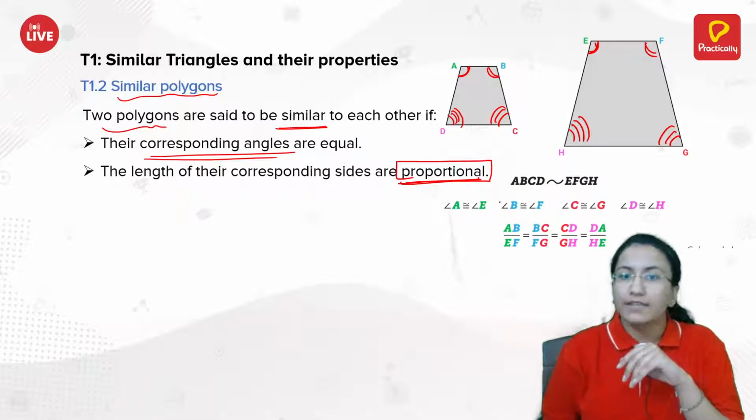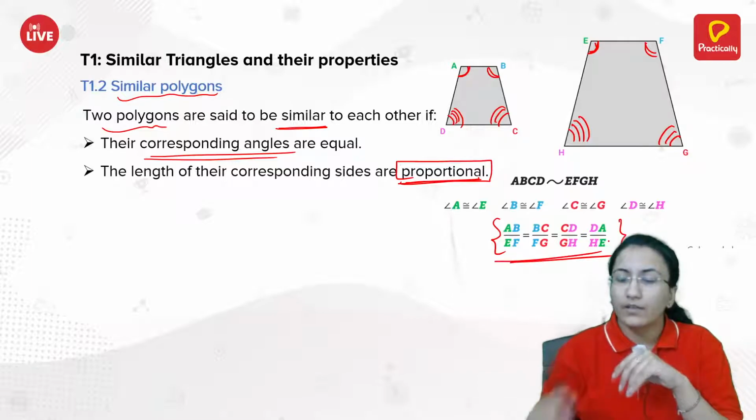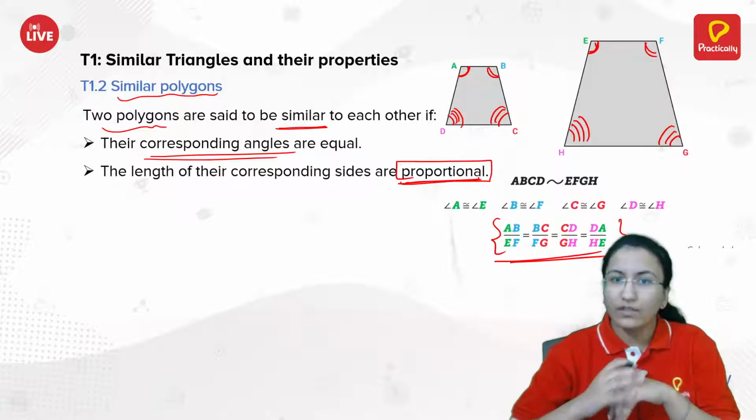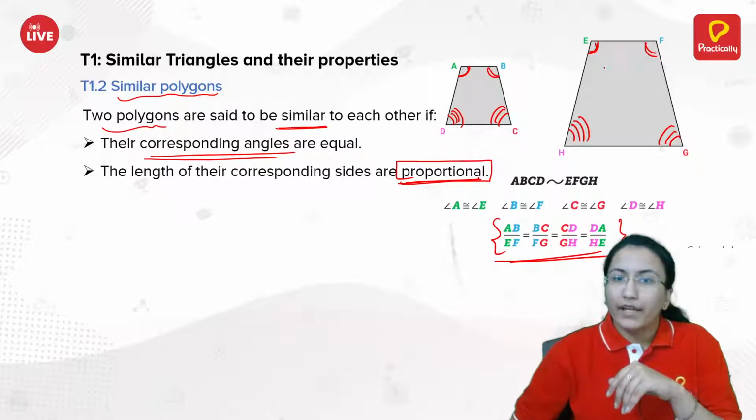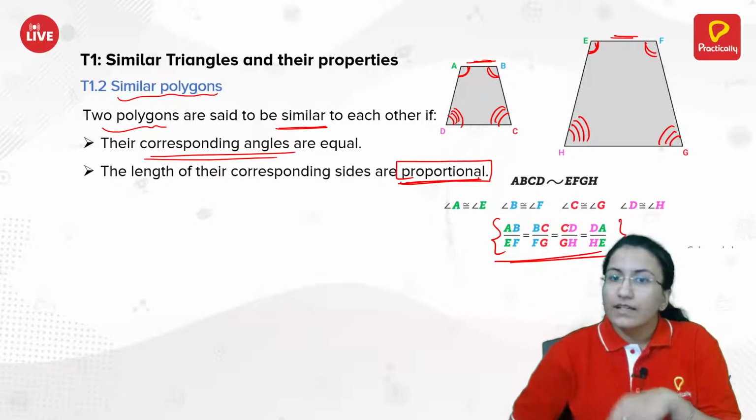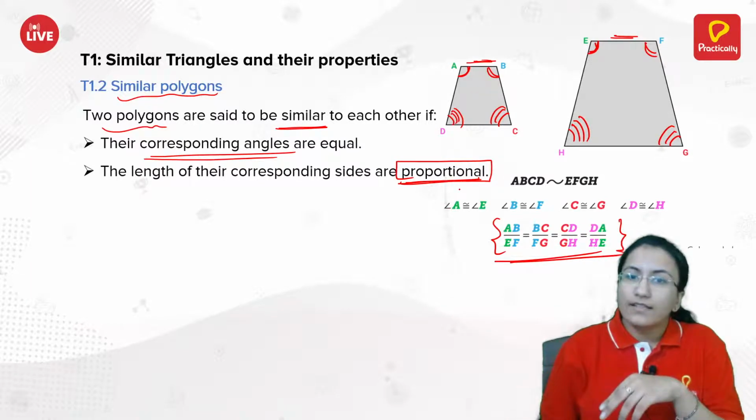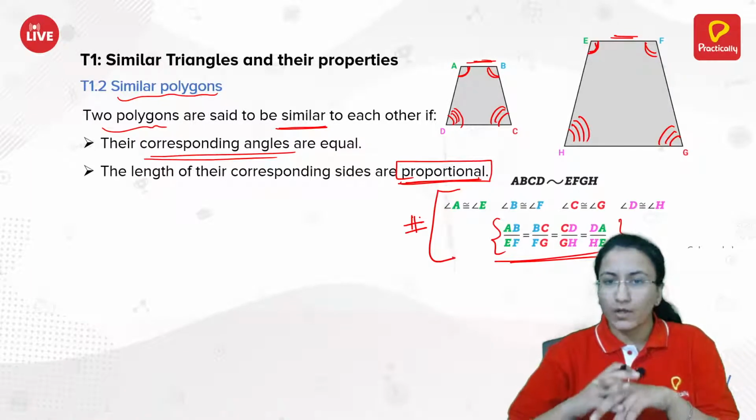Even we have the sides in proportion. All the sides are proportional. I have written it over here as an equation: AB by EF is equal to BC by FG is equal to CD by GH is equal to DA by HE.